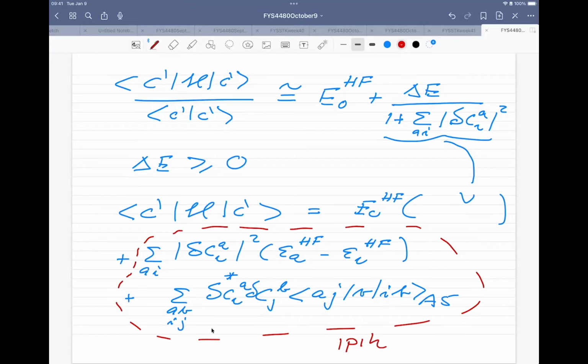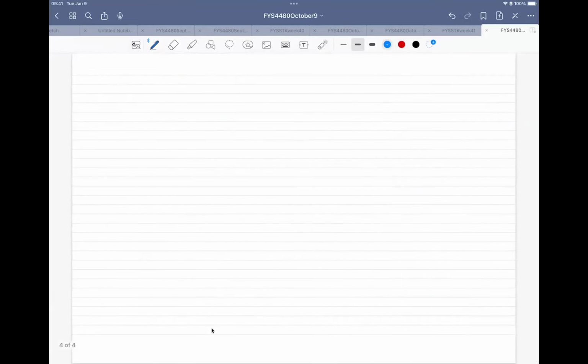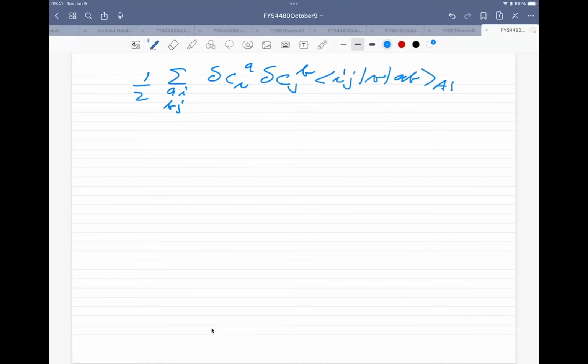Then we got two more terms. So we got a term plus 1/2, and this is given by a sum over AIBJ. And then I had a terms delta CA, delta CJB, and then I had a matrix element or integral of AB anti-symmetrized.